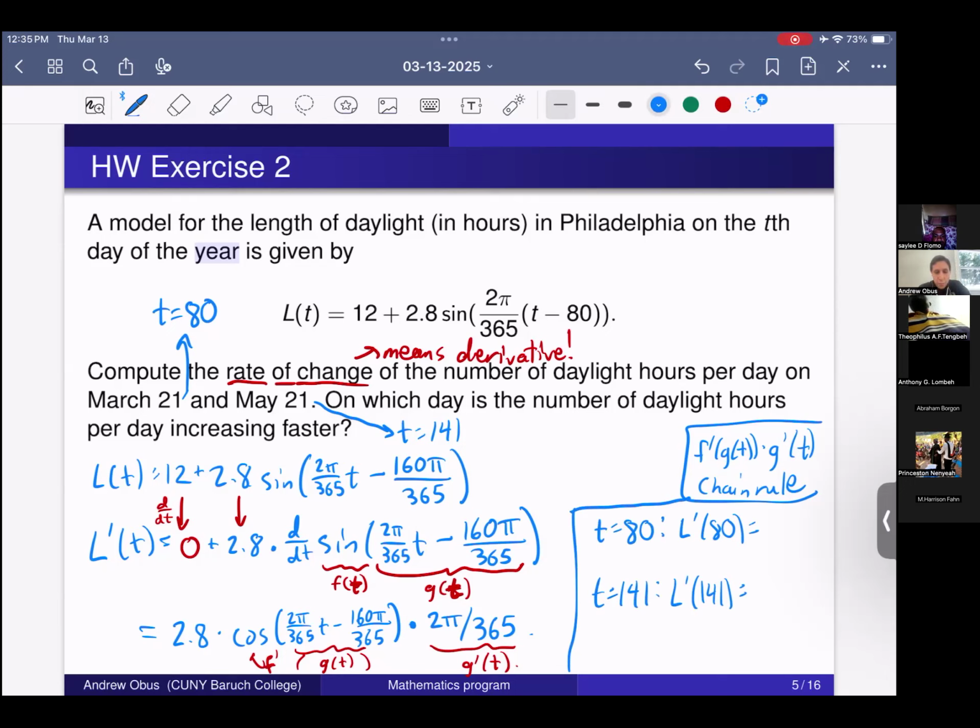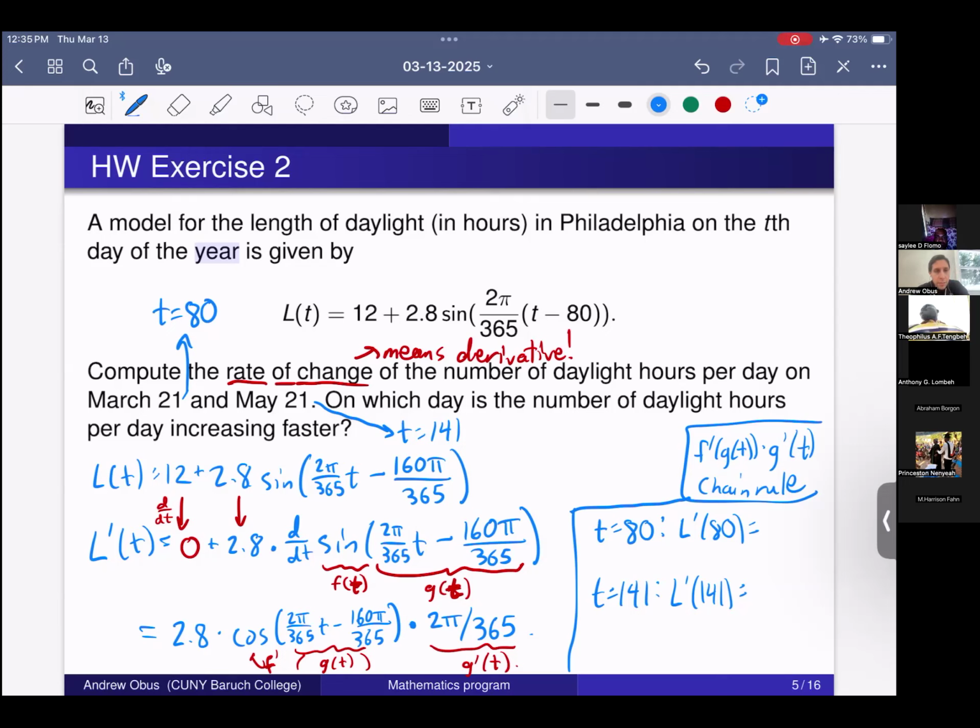So we have 2.8 times cosine of 2 pi divided by 365 times 80, and then minus 160 pi divided by 365.